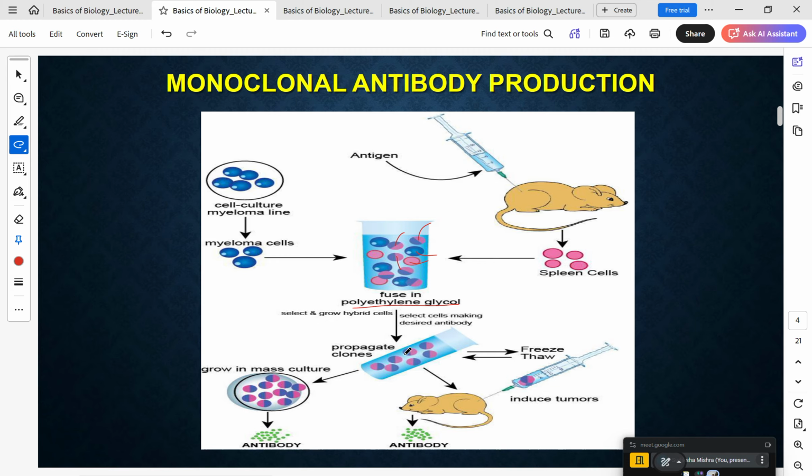The other way to produce antibodies is to inject these cells into an animal, and then the antibody is produced in that animal. One other thing that can be done is that these cells are frozen down. If required for a second or third round of antibody production, these cells can be revived and used again.